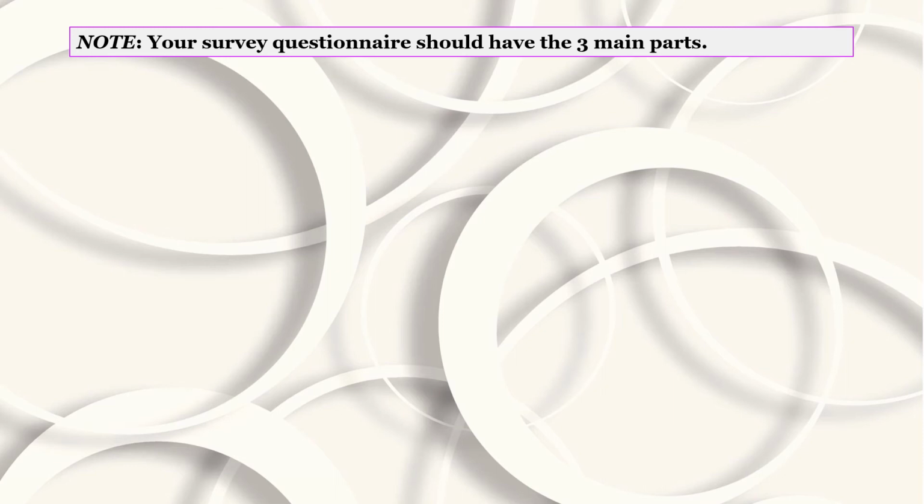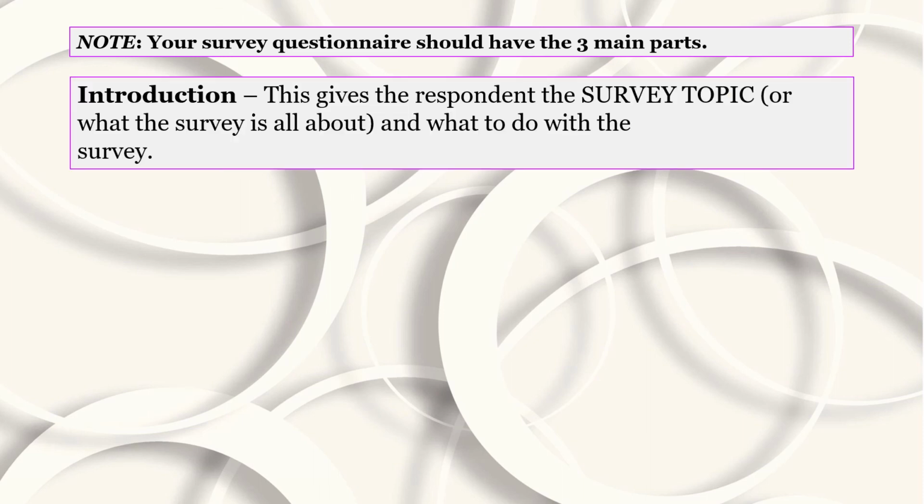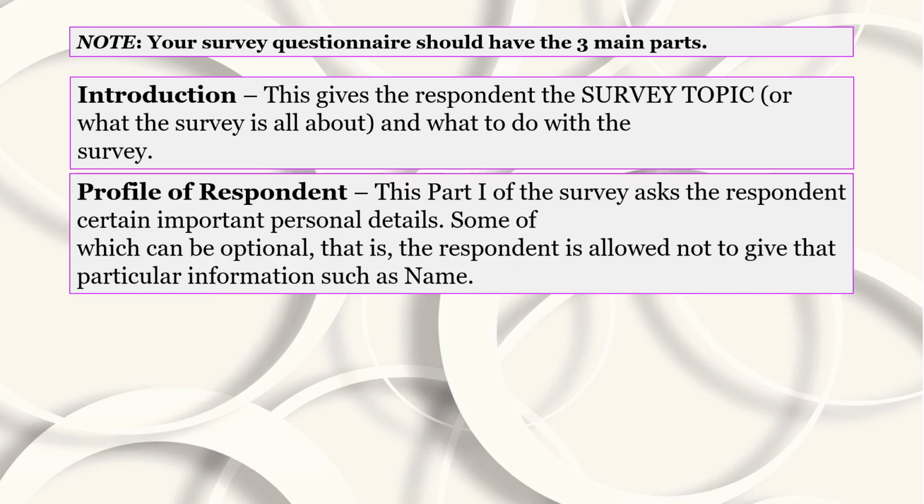Take note that your survey questionnaire should have three main parts: the introduction, profile of respondents, and questions to answer. The introduction gives the respondents the survey topic, or what the survey is all about, and what to do with the survey. The profile of the respondent, part 1 of a survey, asks the respondents certain important personal details, some of which can be optional. That is, the respondent is allowed not to give that particular information, such as name.